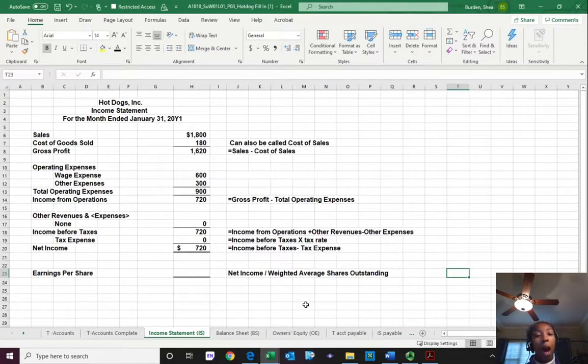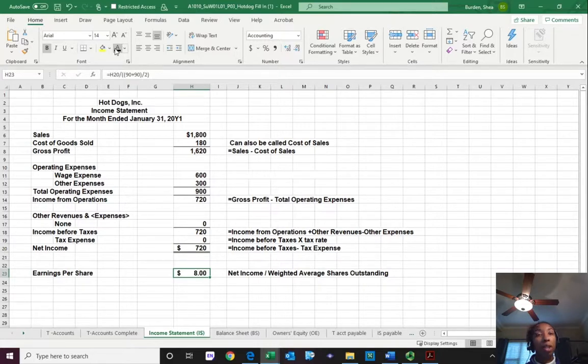So how profitable were you and each of your classmates who invested in this hot dog company? You're taking this net income, $720, and dividing it by the weighted average shares.